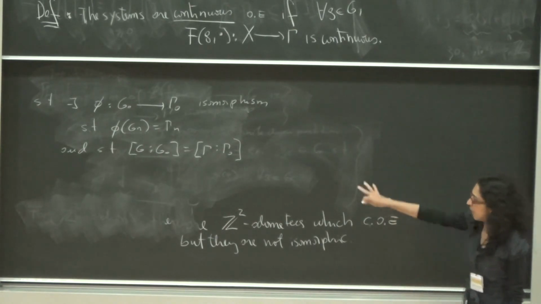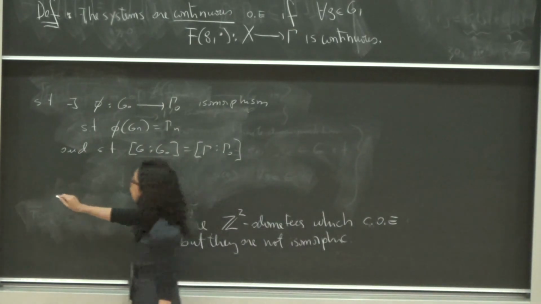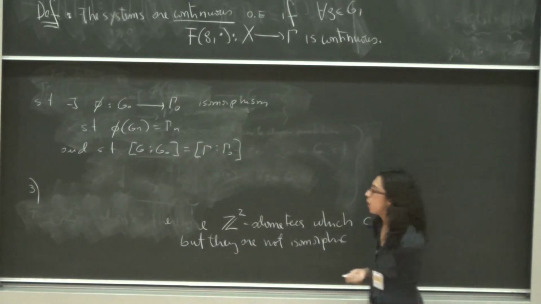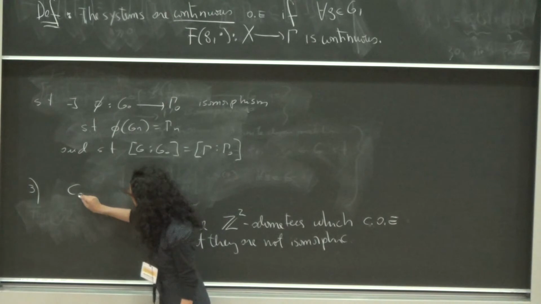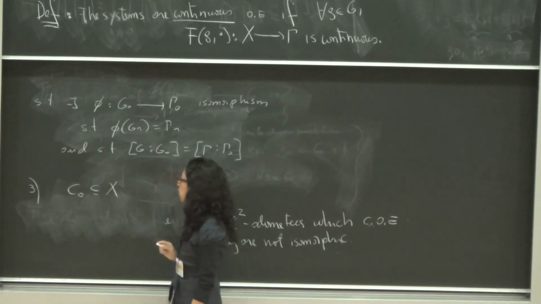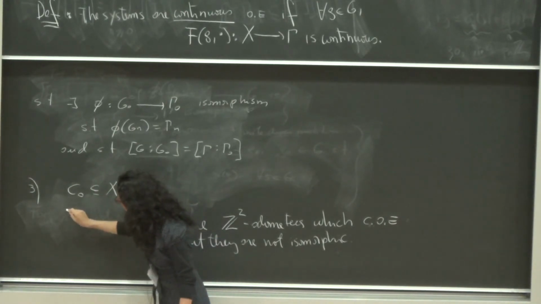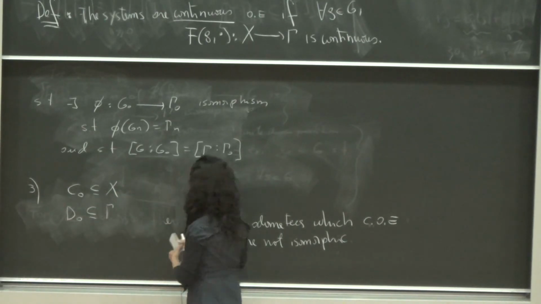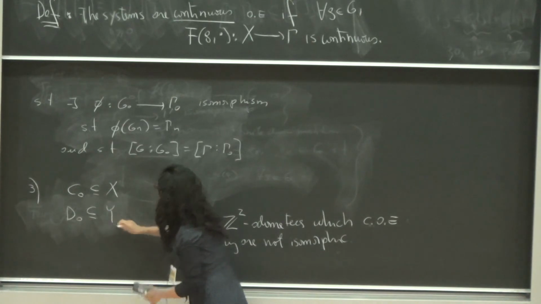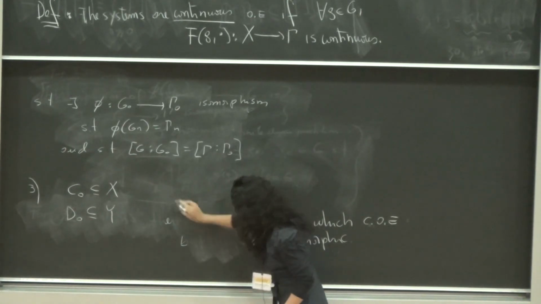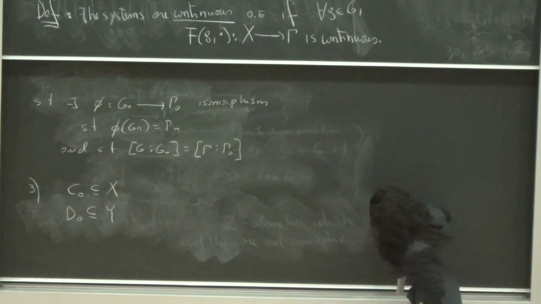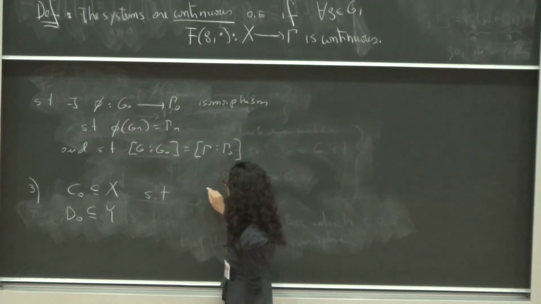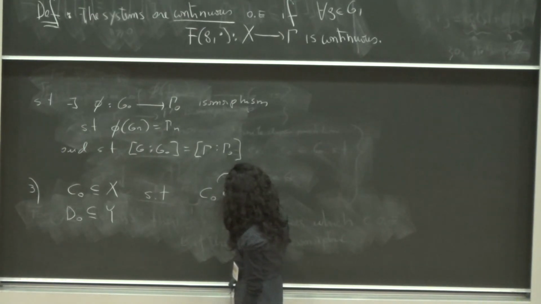In dynamical terms, this is equivalent to say, more or less, that in the first system you have a clopen set, and in the second system you have another clopen set, such that the group G0 acts on C0.